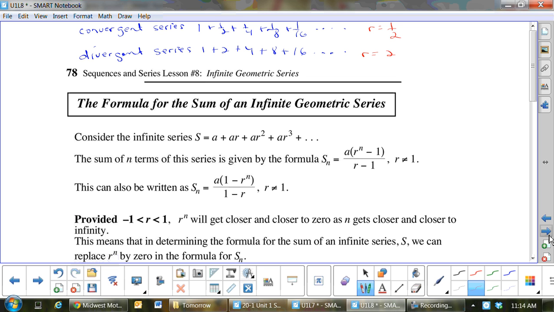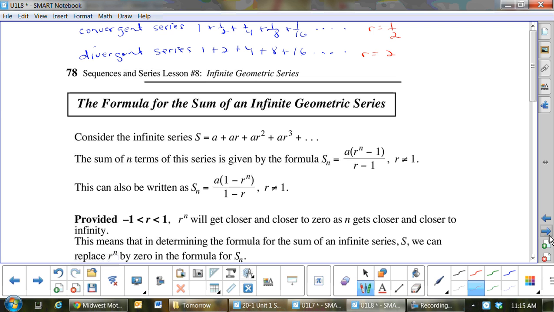So if we're adding it, we're not going to ever find the sum. Now you would think maybe the same for the convergent. But the convergent, because it's getting smaller and smaller and smaller, there's a point where all that other stuff doesn't even add to the sum anymore. Like if you took 1/2 of 1/1,000,000, right? You're not going to get very much. Okay? And I'll show you how this works later.